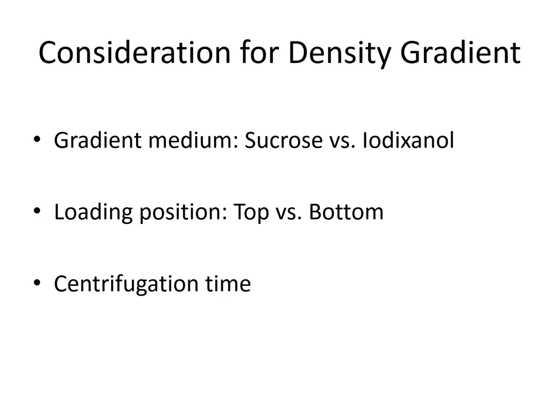In case of top loading, if you centrifuge for a long time, particles will end up at the same position. On the other hand, in case of bottom loading, if you centrifuge for a short time, particles cannot reach their correct density. Therefore, choosing an appropriate centrifugation time is crucial for successful purification.